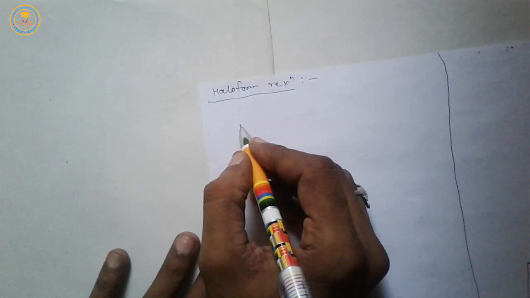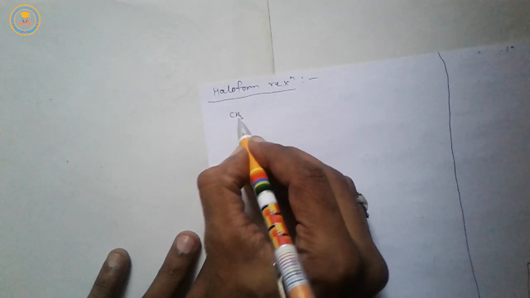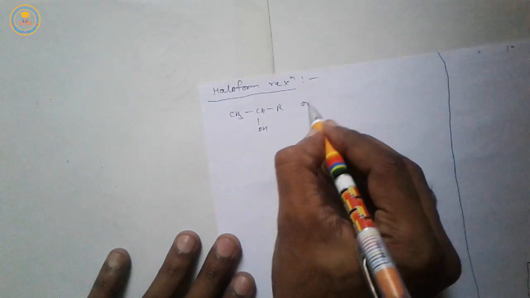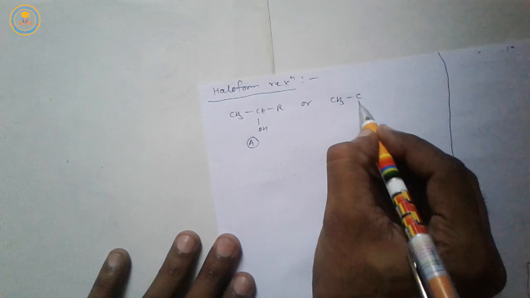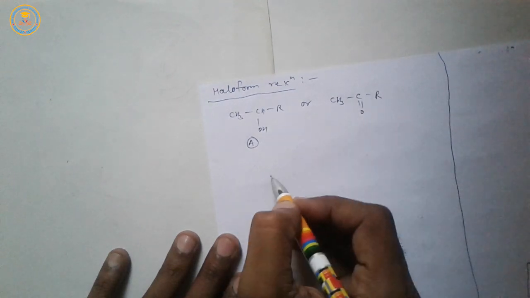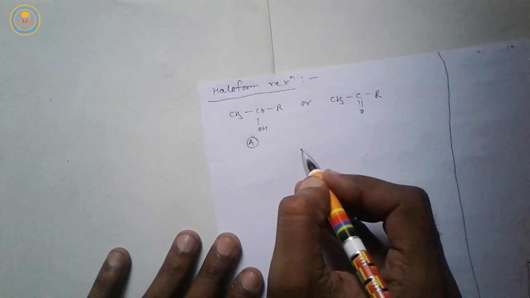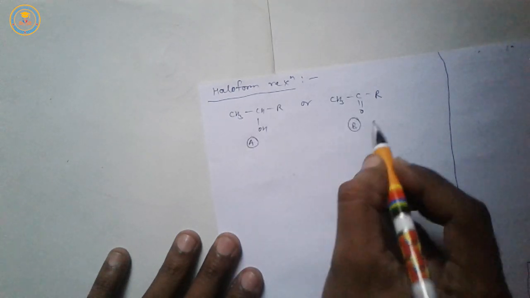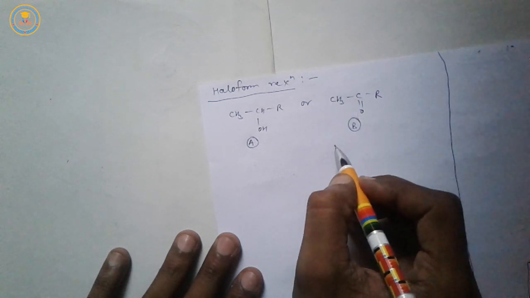Similarly, a compound which has structure A or structure B, I repeat, a compound which has A or B structure gives the haloform reaction.